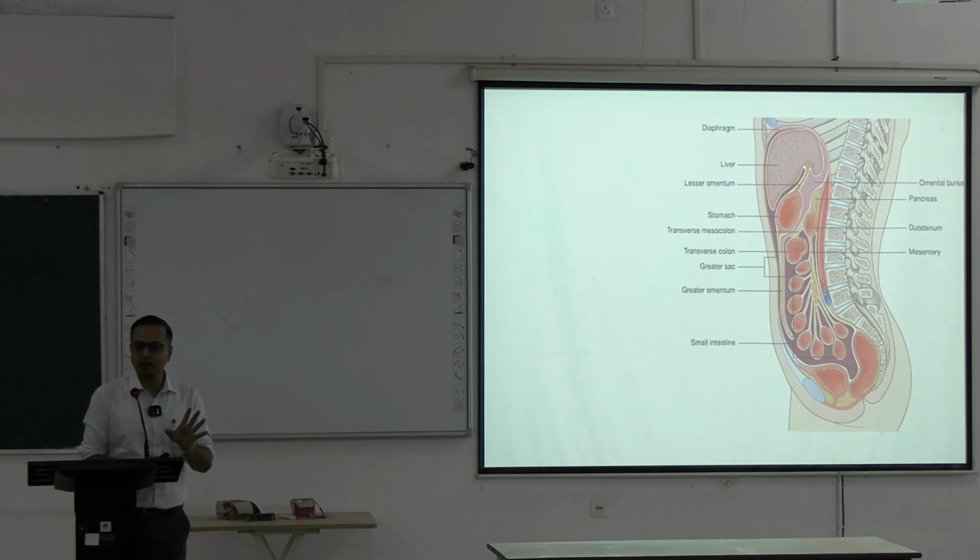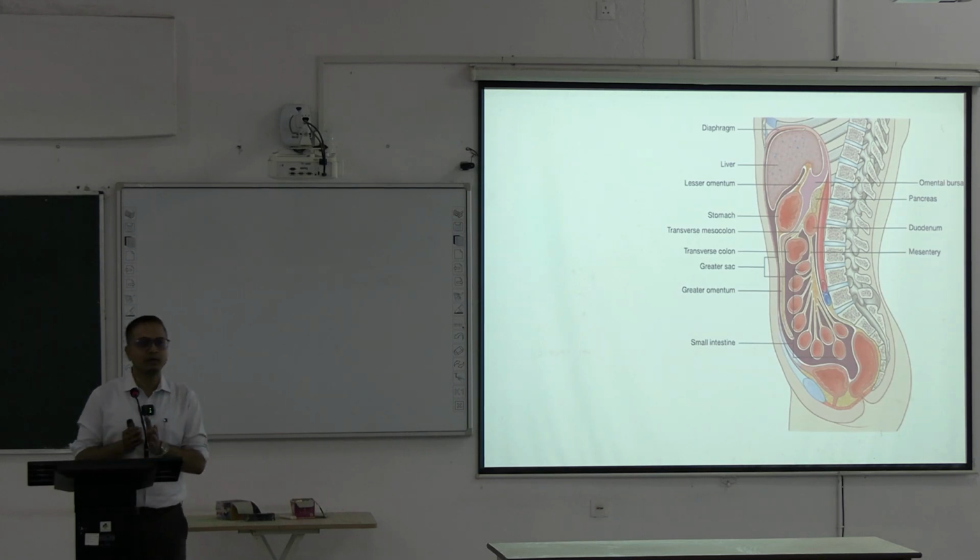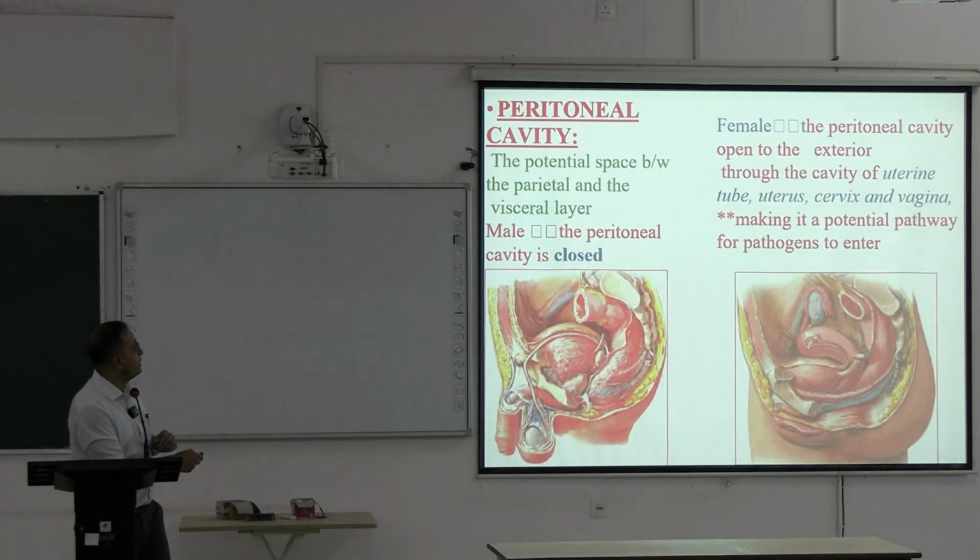So, can you explain that with the anatomical knowledge? Yes or no? Do you understand how infection in a female subject can naturally get inside the pelvic or abdominal cavity? You have to track the routes of how the infection comes, and why the male subject is less vulnerable to such infections. You have to justify that in the male, the peritoneal cavity is closed.